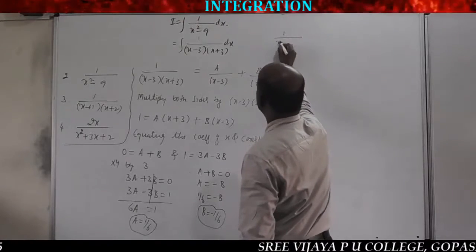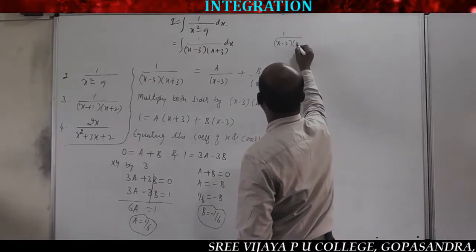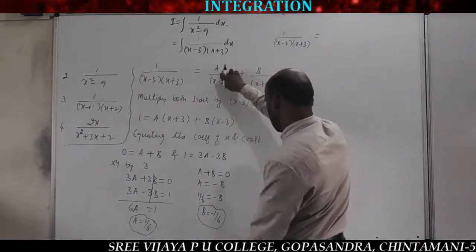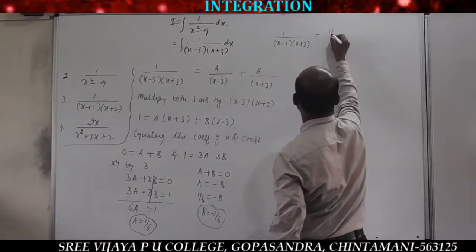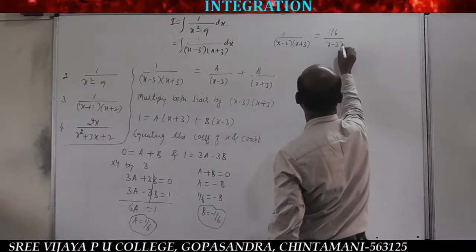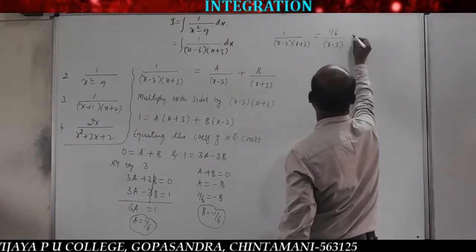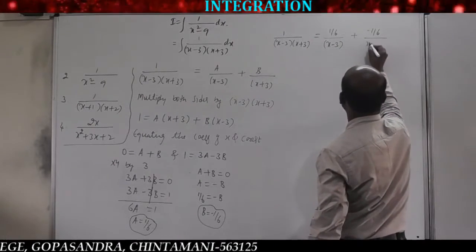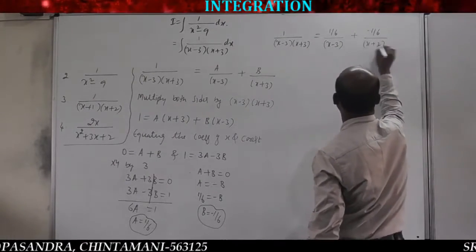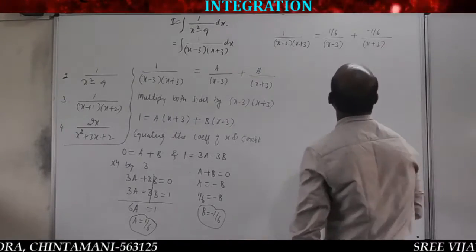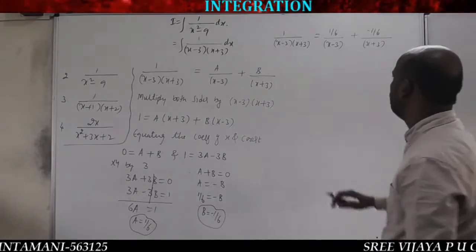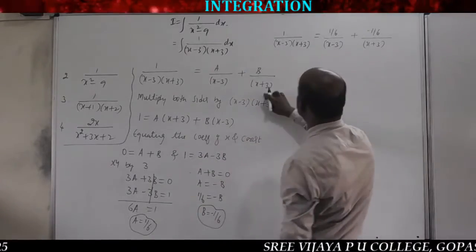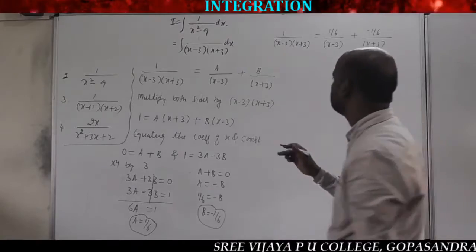One upon x minus 3 into x plus 3. So the value of a is 1/6 divided by x minus 3, plus the value of b, minus 1/6, divided by x plus 3.